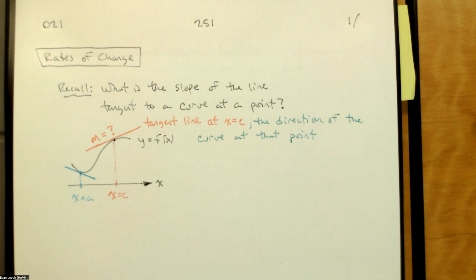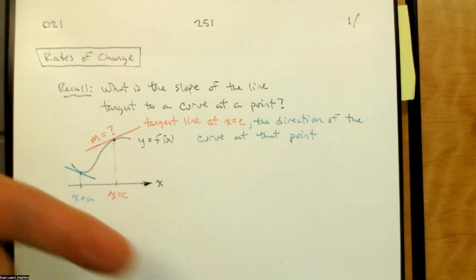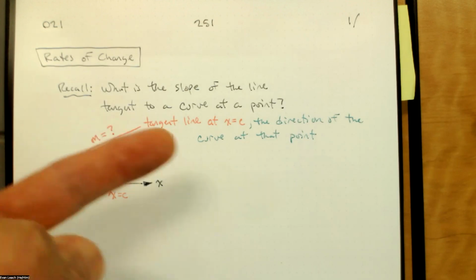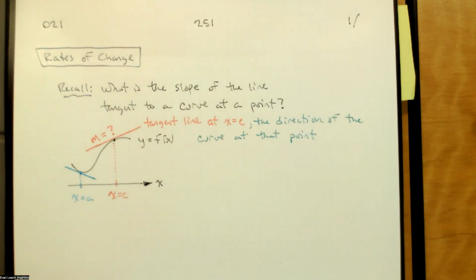Now this keeps changing. Down here at this point A, our direction is generally down and to the right. And then later on, our direction is up. But we're thinking of the slope of the tangent line as describing the direction at that point.